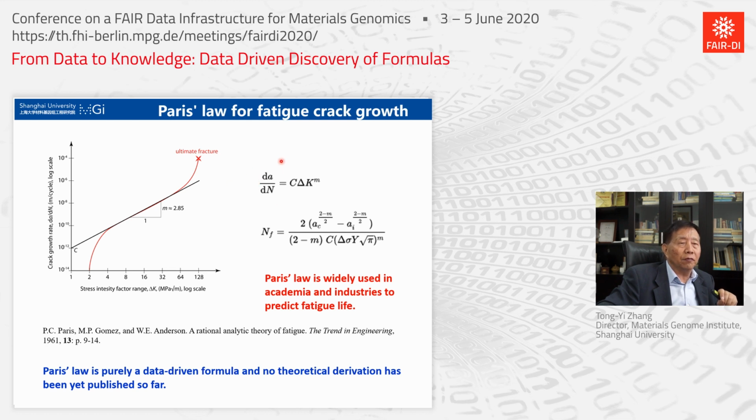The equation is very simple. Paris law is widely used in academia and in industry to predict fatigue life for our safety. Paris law is purely a data-driven formula, and so far no theoretical derivation has been published.